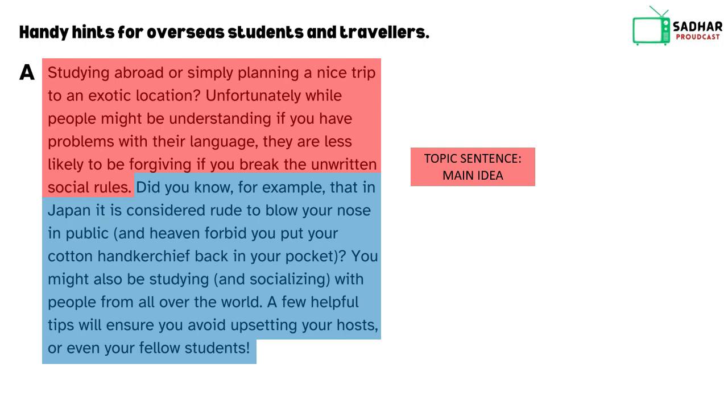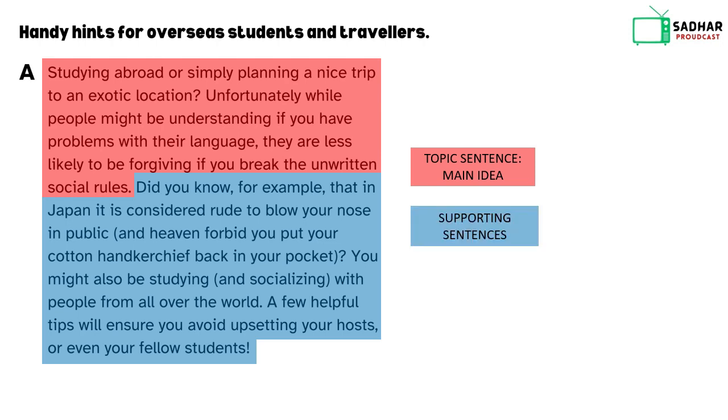So this one is only something that leads to the topic sentence. And the topic sentence is, unfortunately, while people might be understanding if you have problems with their language, they are less likely to be forgiving if you break the unwritten social rules.